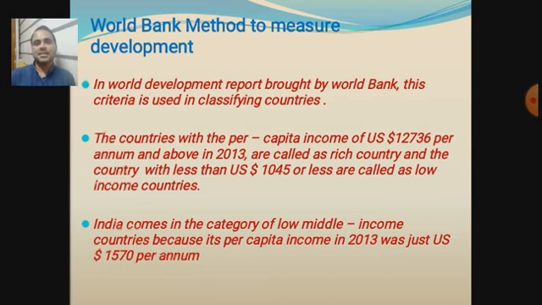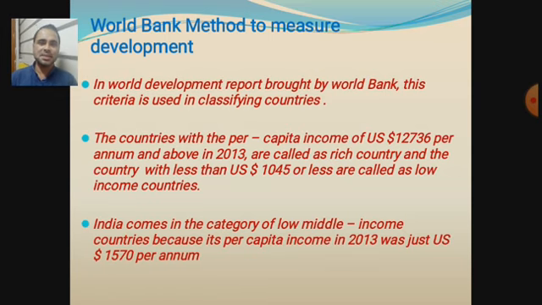And where does India stand? If you see that report, in that period of time India's earning was 1,570 US dollars per annum. It means it is somewhere in between the criteria brought by the World Bank. That's why India was, or is, called a developing nation.